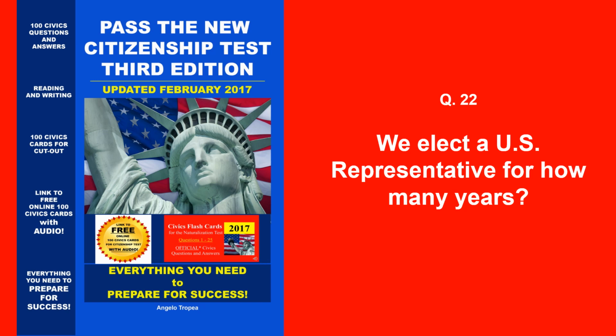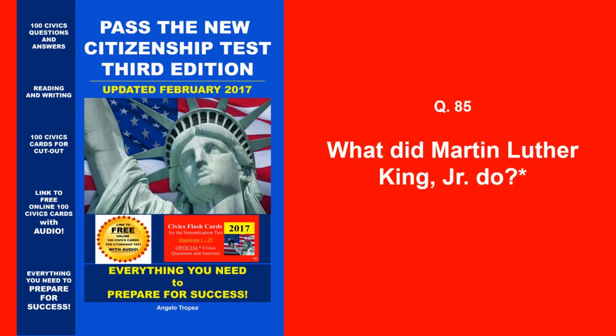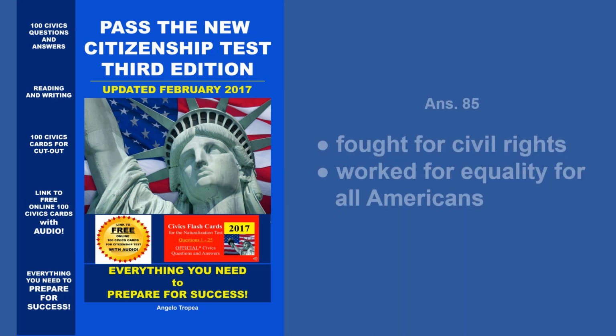We elect a U.S. representative for how many years? 2. What did Martin Luther King Jr. do? Fought for civil rights, worked for equality for all Americans.